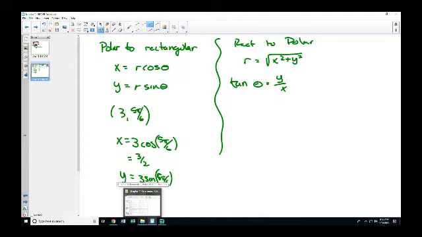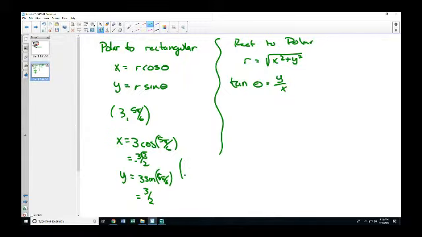I believe those are correct. Hold on a sec. No, those are backwards. And wouldn't your x be negative? There we go. Now it's right.